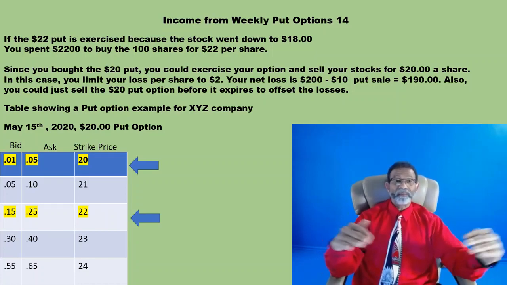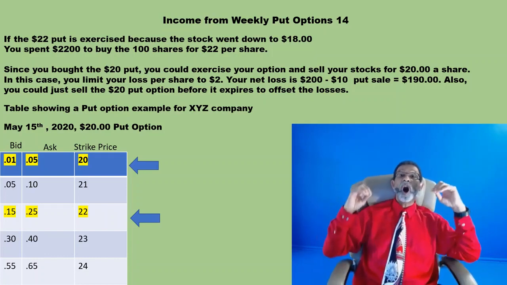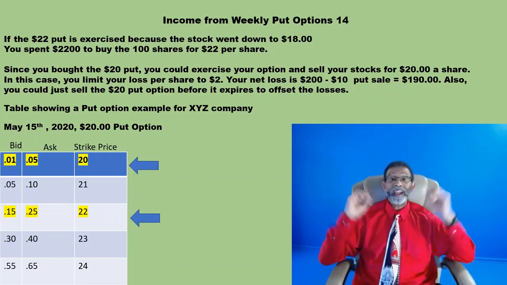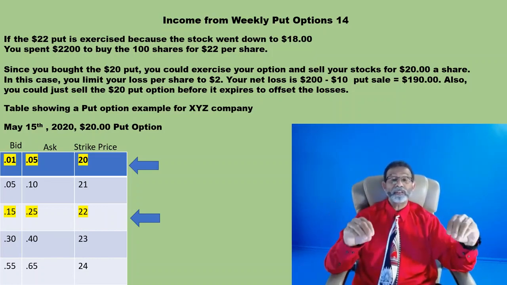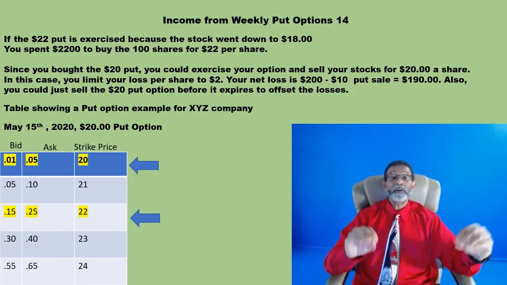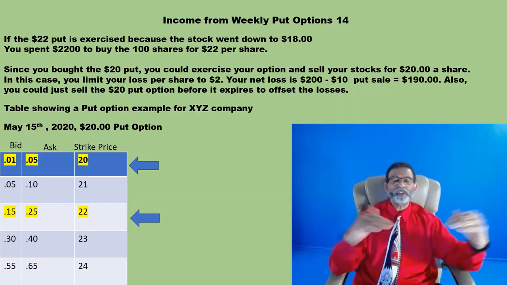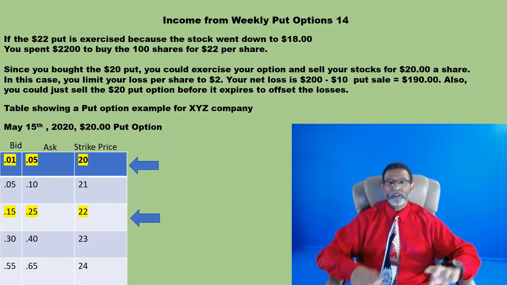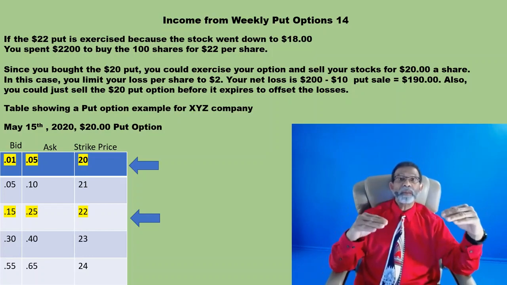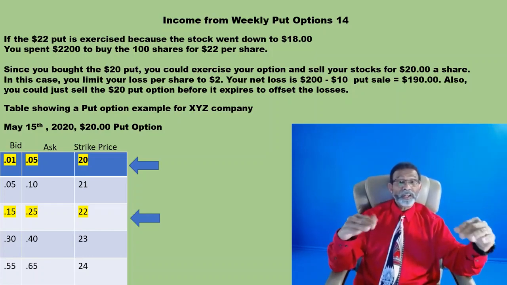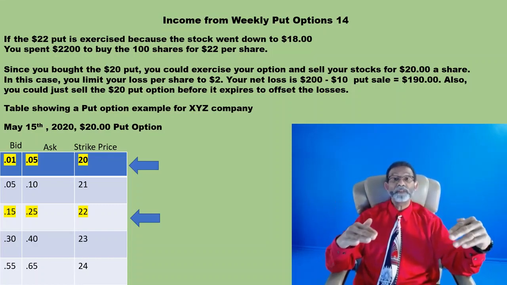For this case, where the stock went down to $18, and the owner of the put option exercised their option and sold you the shares for $22, because that is part of the agreement. When you sell cash secured put options, you're obligated to buy the shares at the strike price. So let's continue on. So now that you have the $20 put option, you could exercise your put option and actually sell those stocks for $20 a share if you chose to do so.